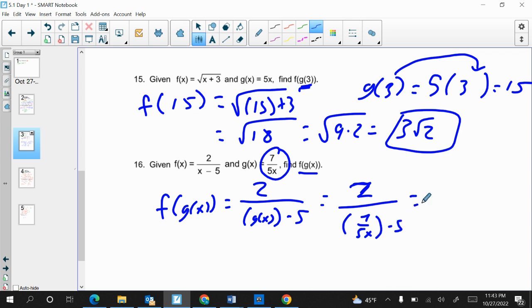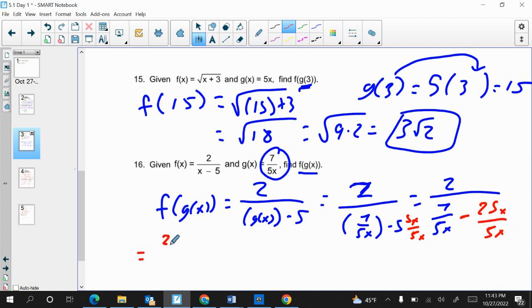To combine these, I need a common denominator. So 2 over 7 over 5x minus 5. I'll multiply this guy by 5x over 5x. So that becomes minus 25x over 5x. So that's 2 over 7 minus 25x over 5x. Okay.